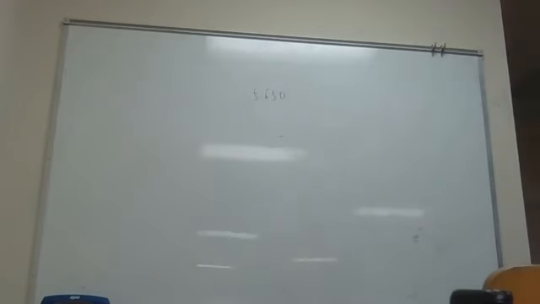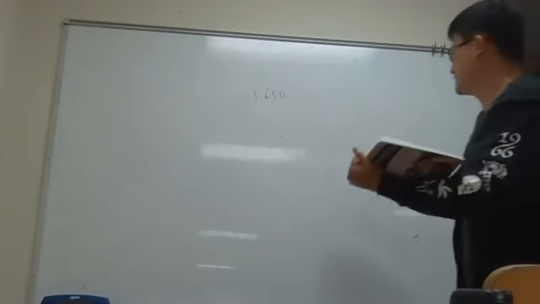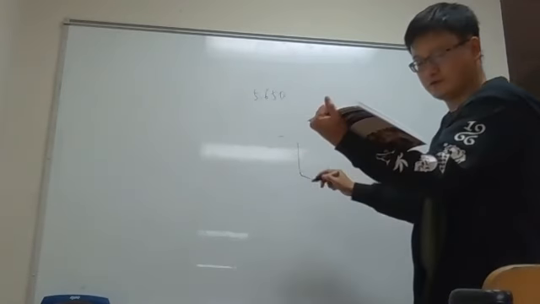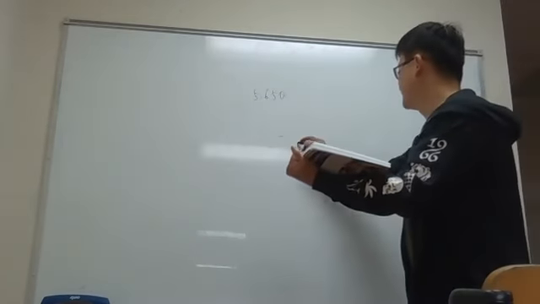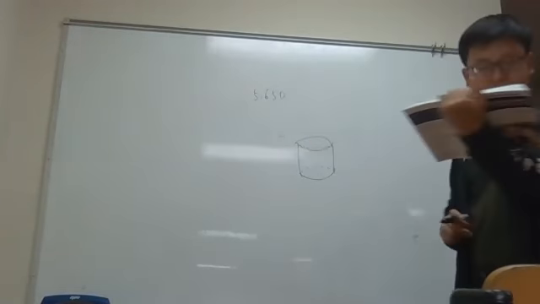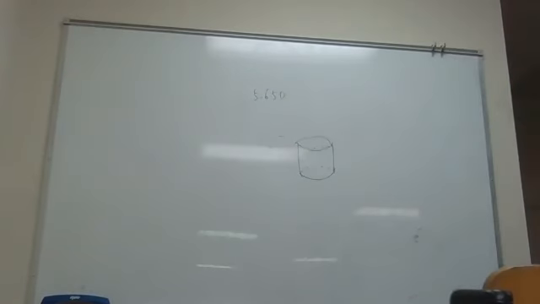Okay, so we have a cylinder with a 4 cm diameter, that is 4 centimeters tall. So we have a cylinder. Diameter is 4, and then the height is also 4. Okay, so then what's the length of the shortest path from the base to a point at the top of the cylinder on the opposite side?